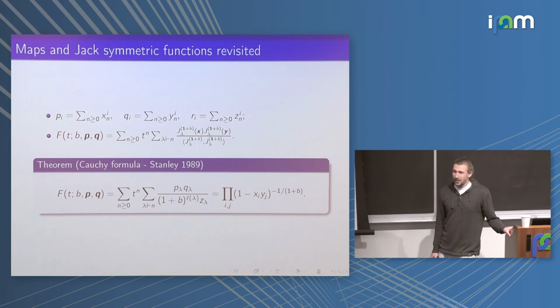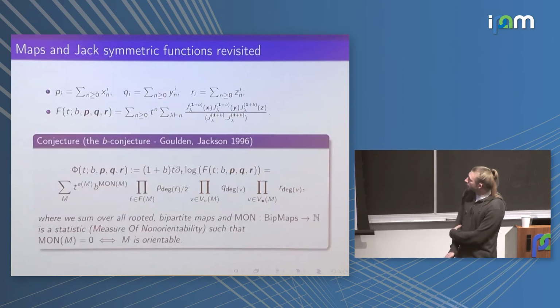The first one is in X, and the second one is in alphabet Y. The theorem, the Cauchy formula, tells you that it's given by this Cauchy kernel. And if you want to express it in the power sum basis, it's the same. Here I'm using p, q, and r for power sums in X, Y, and Z. So you don't have Z here anymore.